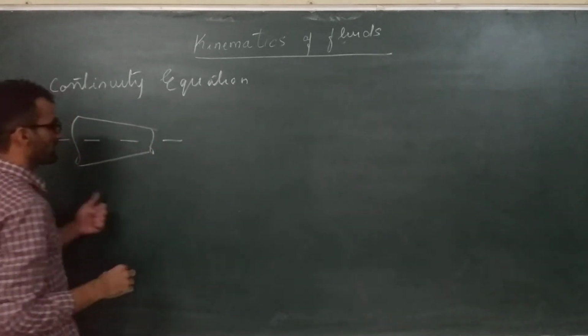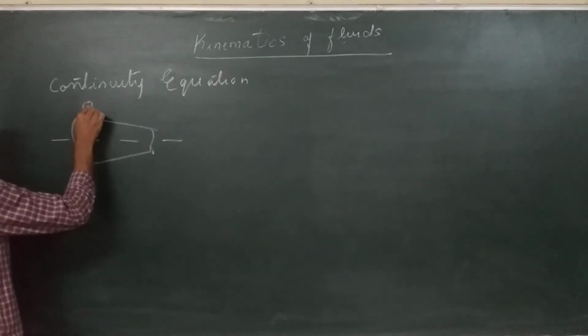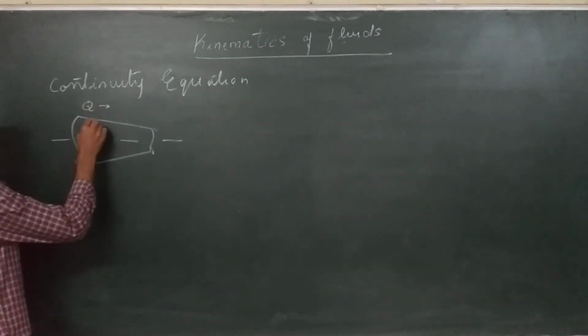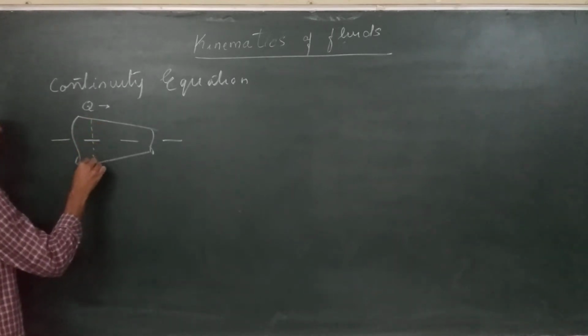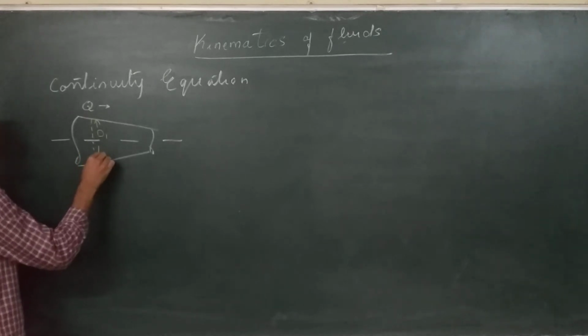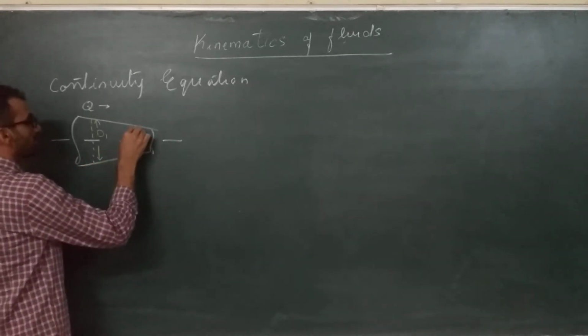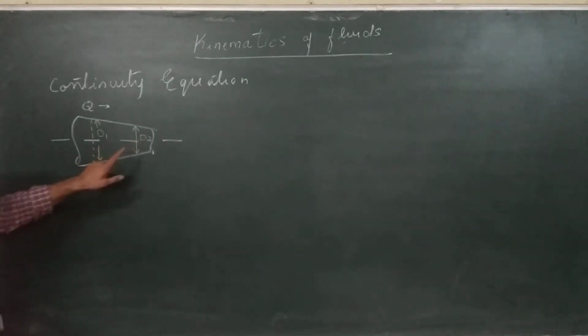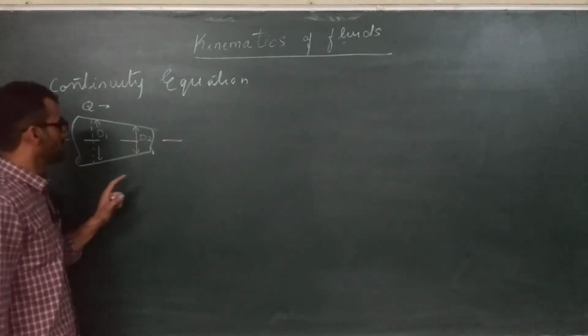Flow is taking place from left to right. We have a discharge of Q flowing from left to right. Here we have a diameter of D1 and at this location we have diameter D2. So we have two different diameters at two different locations, D1 and D2.